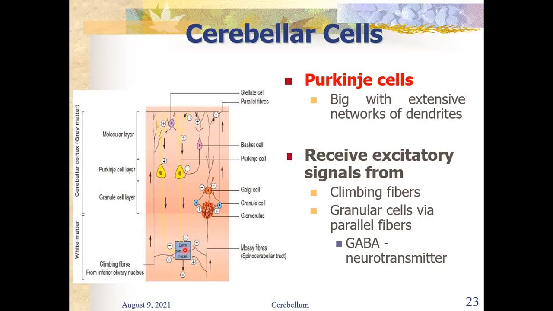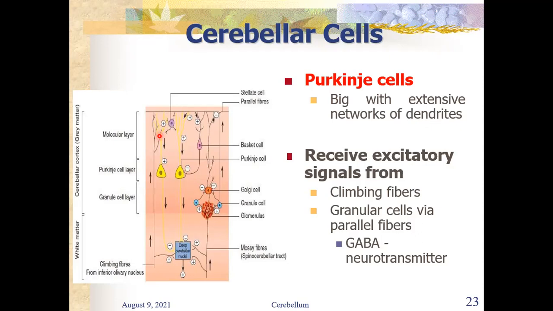They have extensive networks of dendrites, and they receive excitatory signals from the climbing fibers. As the climbing fibers and the mossy fibers bring input to the cerebellar cortex, they also make excitatory connections with the Purkinje cells. Remember, the Purkinje cells are the main output from the cerebellar cortex.